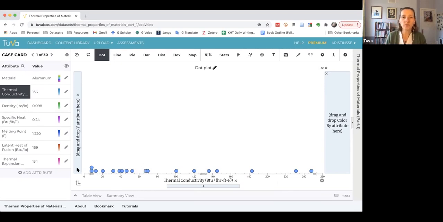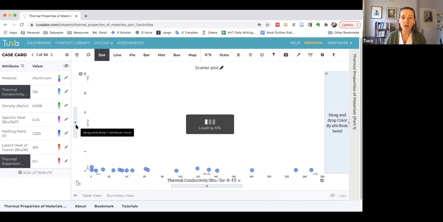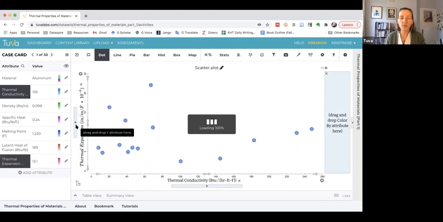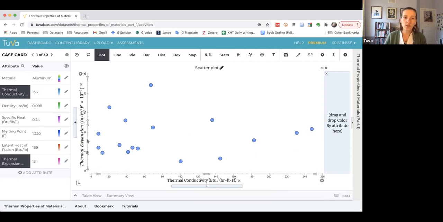So we're looking for something with a low amount of conductivity, but we also don't want it to change shape very much, right? So here's the thermal expansion as compared to the thermal conductivity, and we're looking for something that's hanging out down here in the lower range. But there's that other variable that we need to look at.